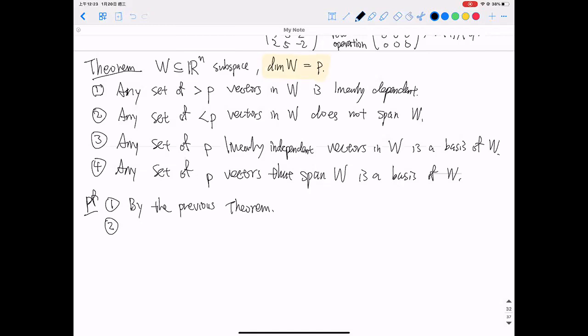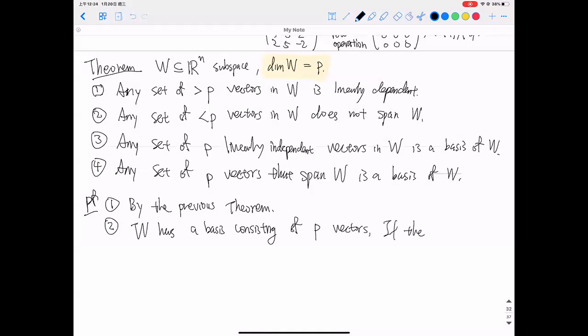Now for 2, W has a basis consisting of P vectors.